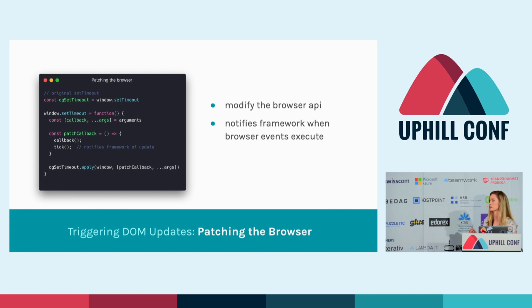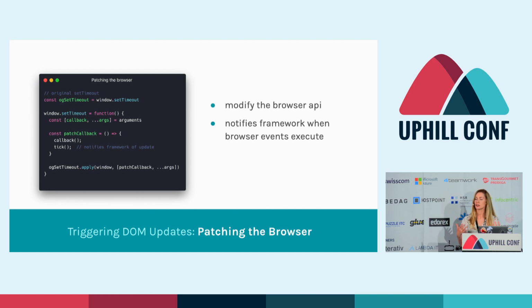So let's briefly talk through this code. I first need to assign or grab a reference to the original setTimeout because I want my developer to think nothing has changed. I then override whatever the original function was on the window.